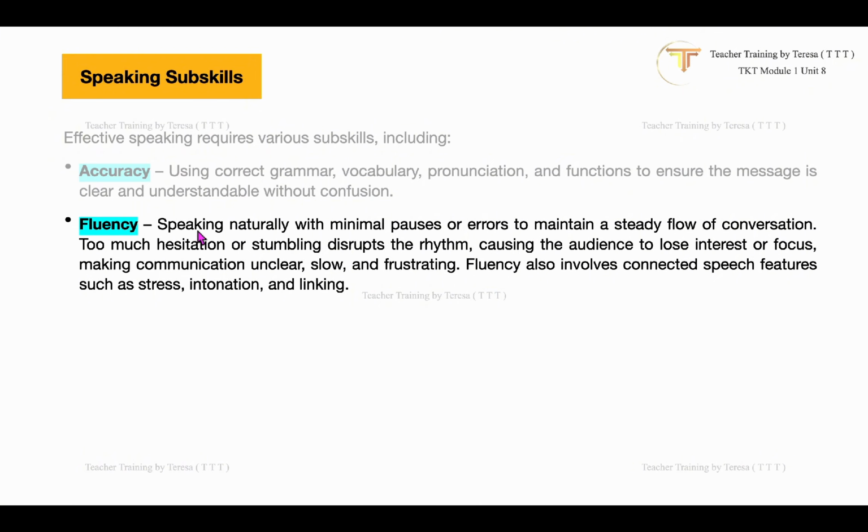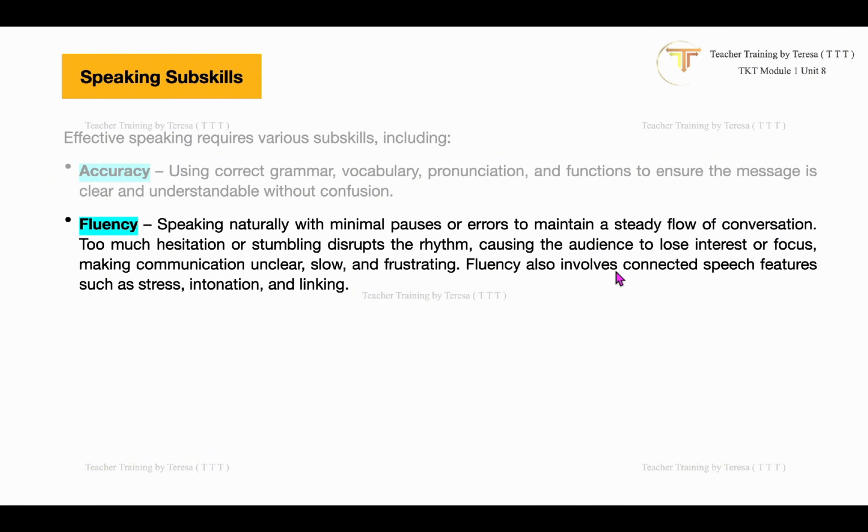Fluency, speaking naturally with minimal pauses or errors, to maintain a steady flow of conversation. Too much hesitation or stumbling disrupts the rhythm, causing the audience to lose interest or focus, making communication unclear, slow, and frustrating.